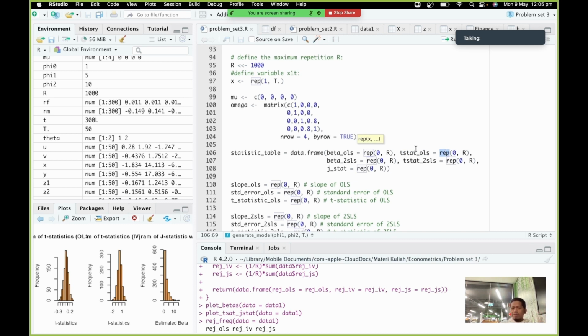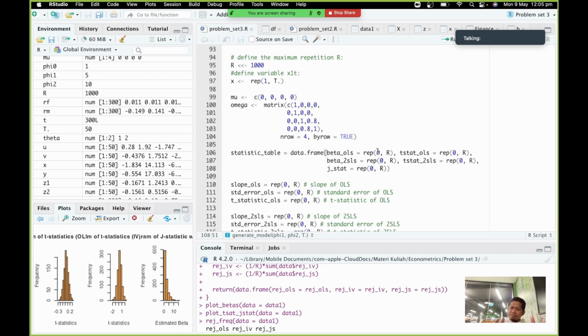So basically we provide a value for all of the columns here. The values are zeros, and how many? As many as R, which here is 1000. Why should we provide this? Because the programming language has to think about how to efficiently store our objects, in this case the vectors.